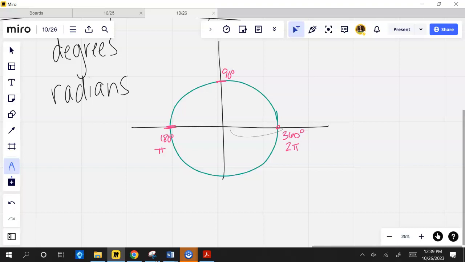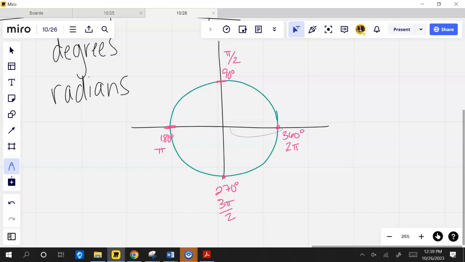You're exactly right, so pi over 2 radians. Down at the bottom, 270 degrees. How many? 3 pi over 2, 1.5 pi radians.